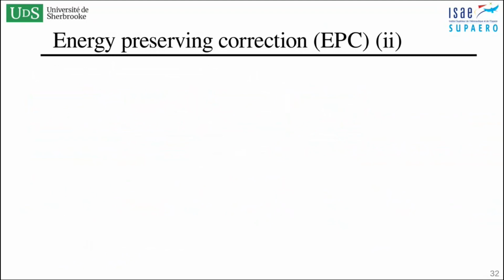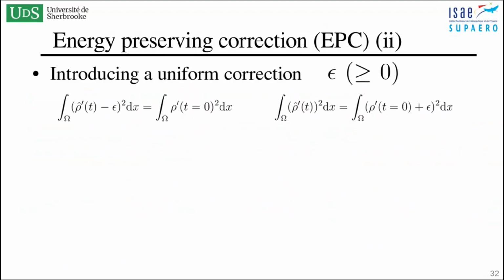And therefore, we see that the previous results were not correct. So we try to develop a so-called energy-preserving correction to enforce this constant energy over time. How did we do this? We define a uniform correction epsilon, which we can apply either at time t, on the left equation, or at the initial time step, on the right equation.